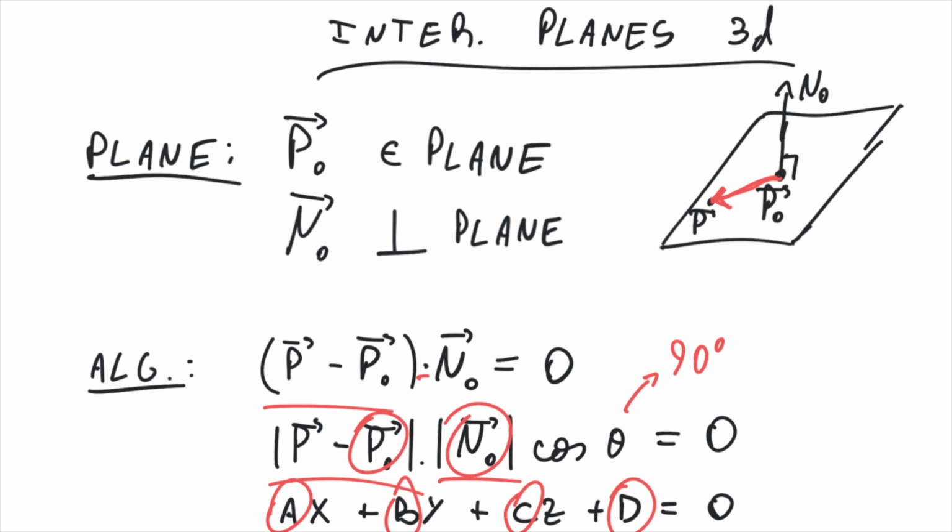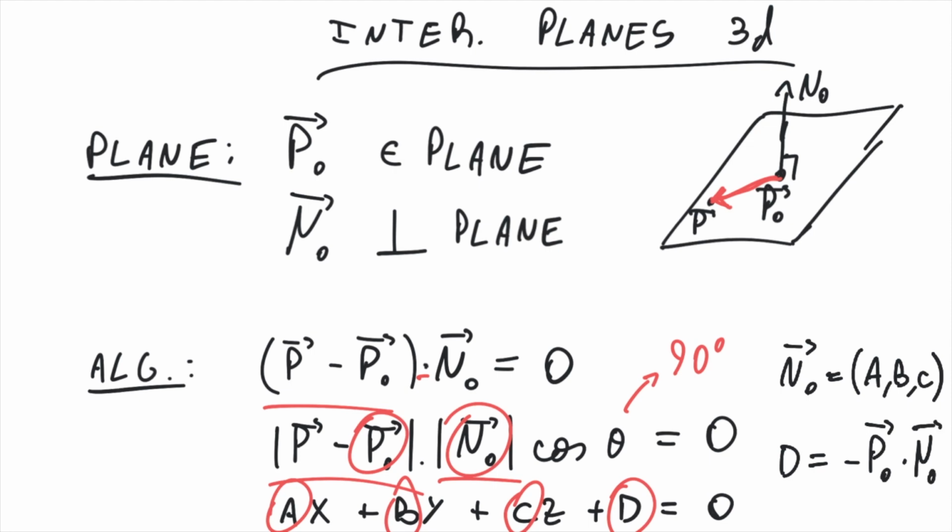More explicitly, N0 contains a, b, and c as its components, and the constant d is nothing else than minus P0 scalar product N0. So again, we have two representations for planes, the point and normal or the algebraic. We have a way to convert between them, and we are going to ask now: how do we find the intersection of two planes?